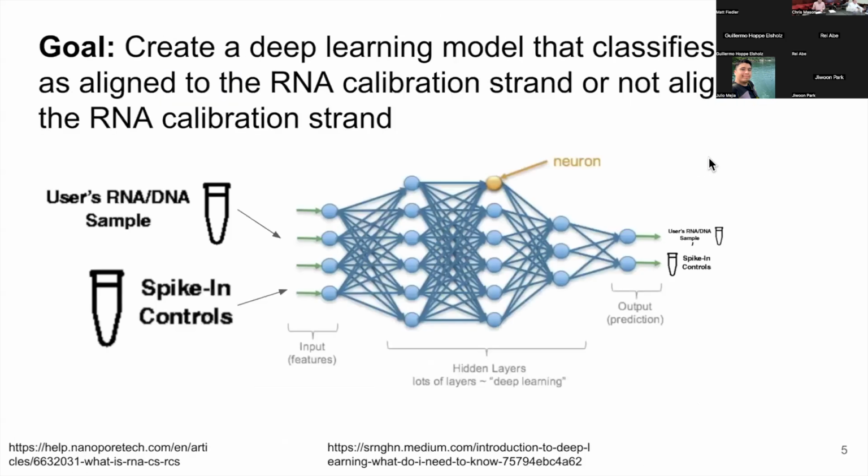So our goal here, using these two data sample types, is to input the signals output of the aligned reads into a neural network and create a classifier that will output whether a new signal introduced into the neural net is part of the spiking control reads or part of the HCV reads.